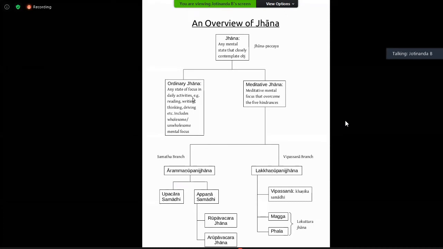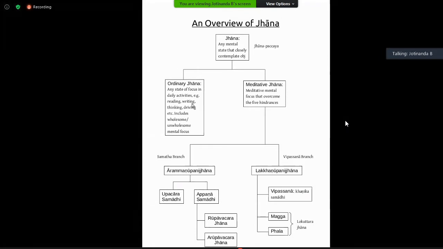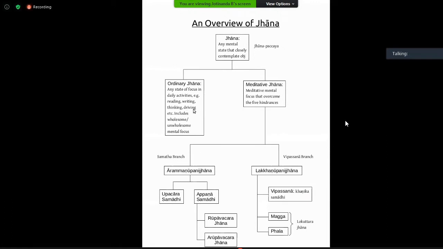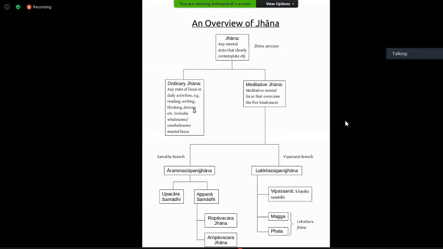Any state of mind when we are focused in our everyday life, for example, when we are reading, writing, thinking, driving. So you are focused. Jhana. So it includes wholesome and unwholesome mental focus.